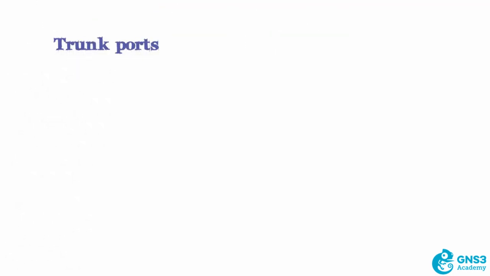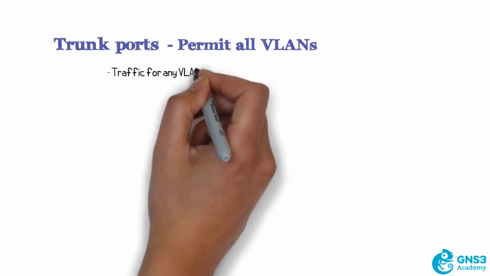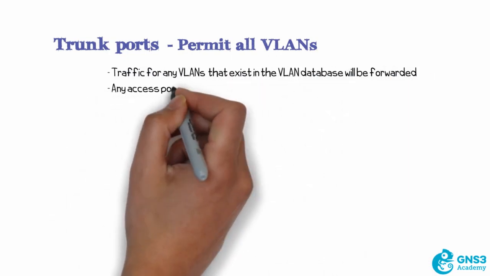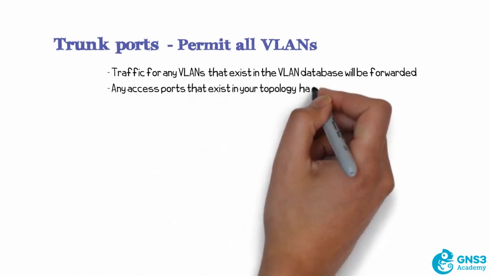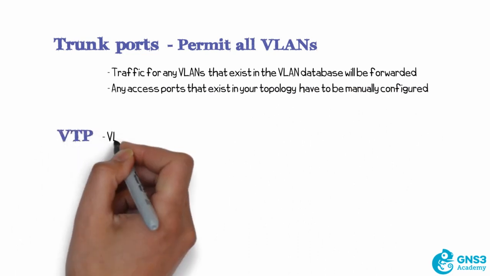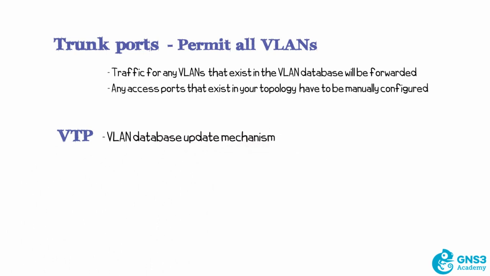Trunk ports on Cisco switches by default permit all VLANs, so traffic for any VLANs that exist in the VLAN database will be forwarded, but any access ports that exist in your topology have to be manually configured and put into the correct VLAN. VTP is once again simply a VLAN database update mechanism that allows switches to know which VLANs are configured in the topology. Individual access ports need to be manually configured and put into the relevant VLAN.